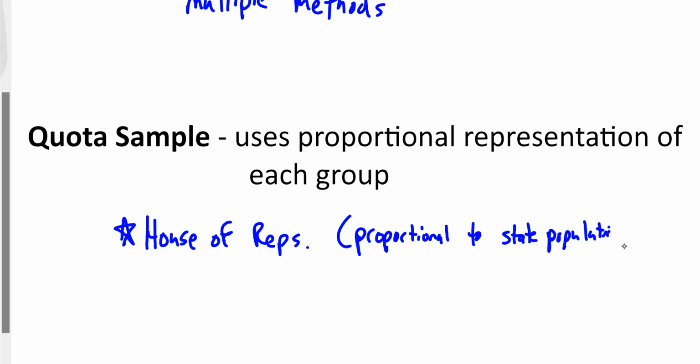In Wisconsin, every state has 2 senators, but for the House of Representatives, what do we have, like 8? And that is just based on size, where California has like 50 some. So it's just proportional to the state size. That is called a quota sample. So those are all the possible sampling methods that are legitimate.